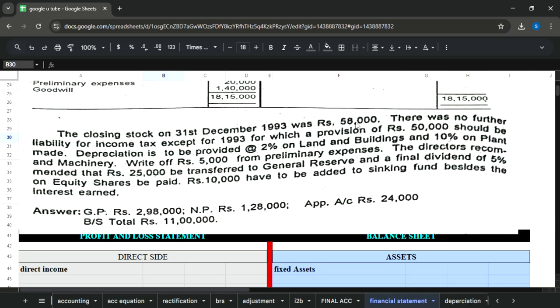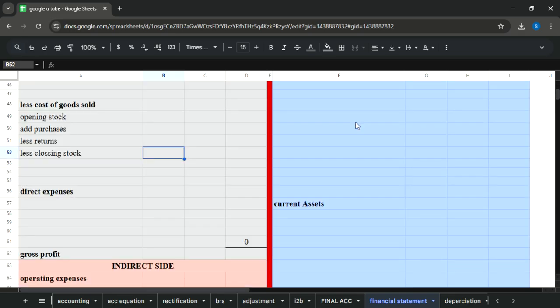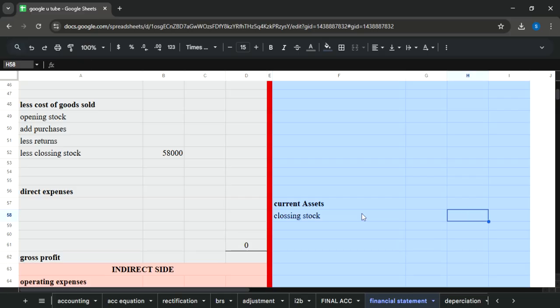Amount of which is 58,000. Just put 58,000 in direct expense side, and now you will go to current asset side where you will also put 58,000. So two effects, one in direct side and second in current asset side.